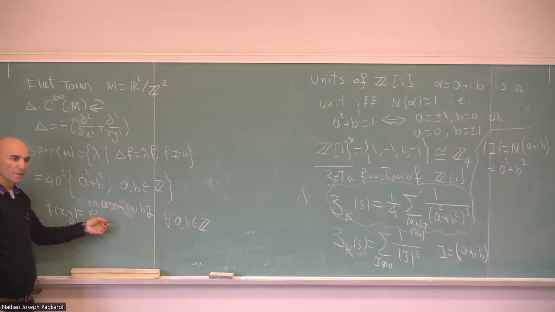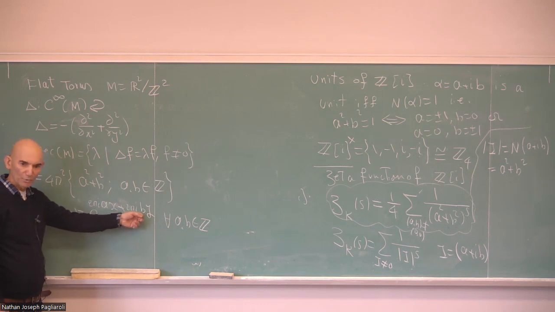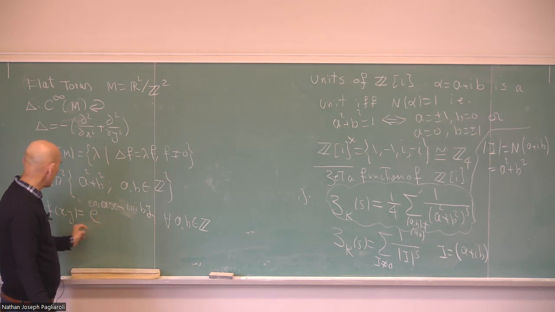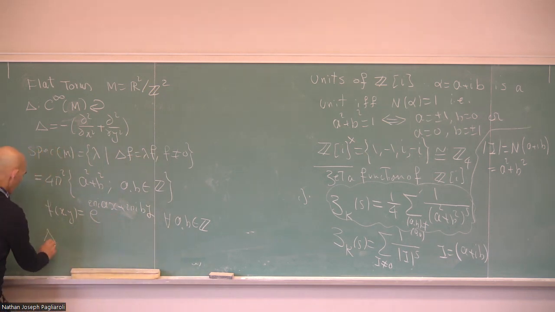First of all, these functions are doubly periodic, because if you change x to x plus 1 it doesn't change, since a is an integer, and likewise b makes it periodic in y.